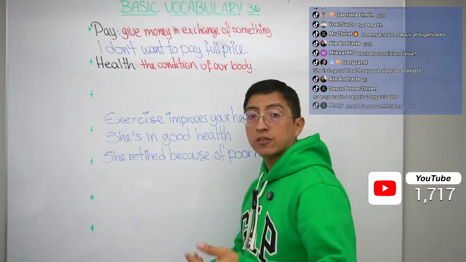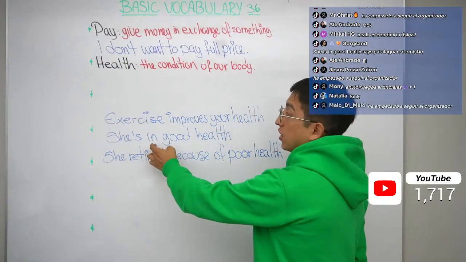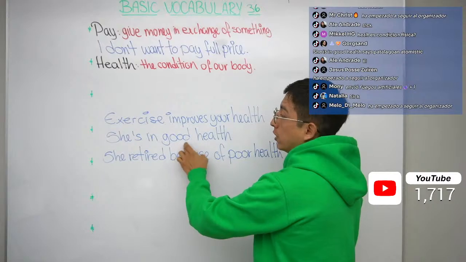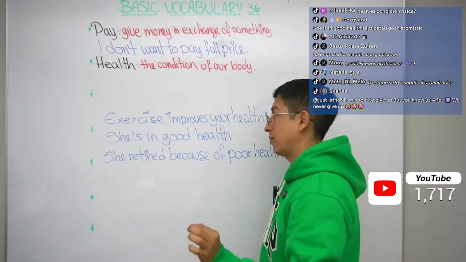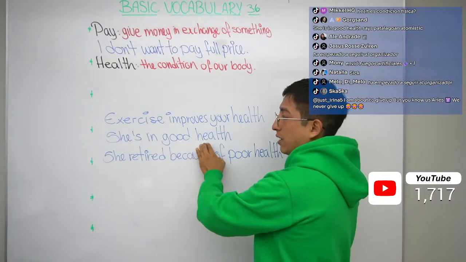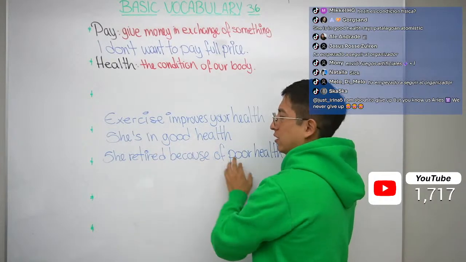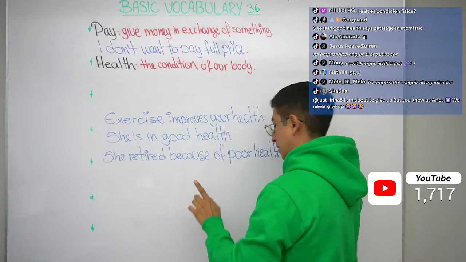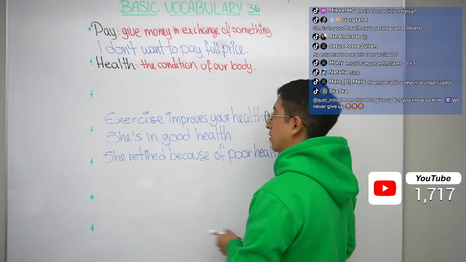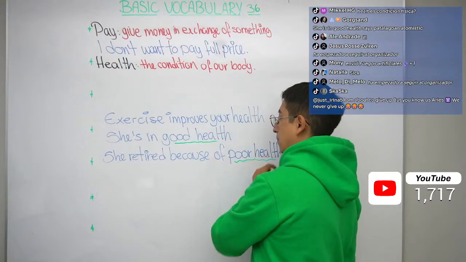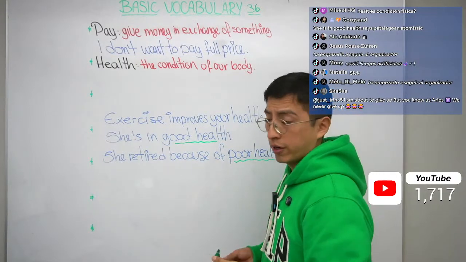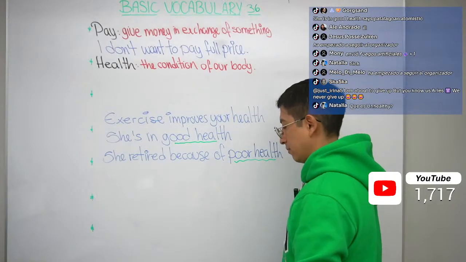Or we can also say, she's in poor health. So, guys, remember, okay? We have she's in good health or she is in poor health. That's something that is very important. Okay, poor health, good health, poor health. What else do we have here?